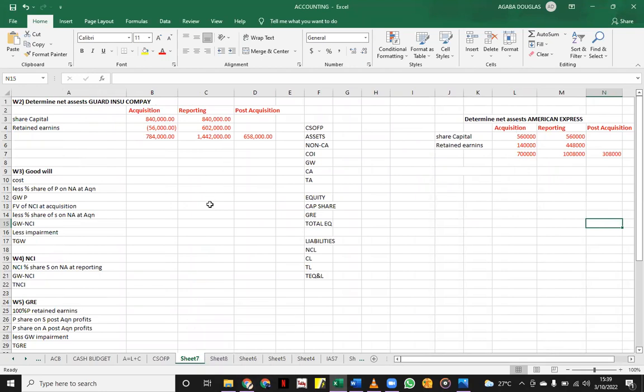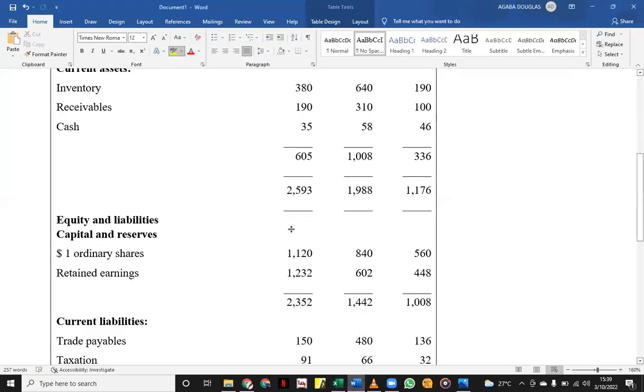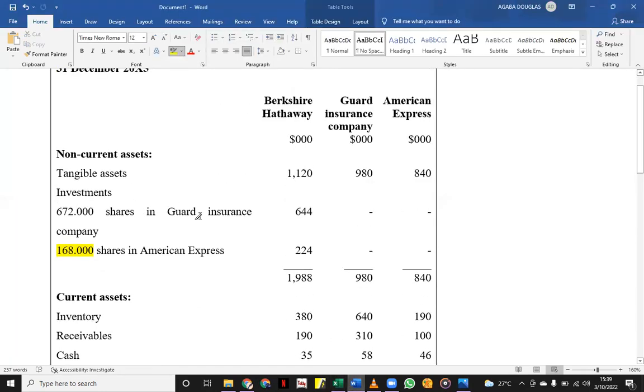But before we look at goodwill, we need to know that even for the associate that we purchased, we need to check and find out if we have goodwill for it. So we'll do our goodwill just like we did in IAS 27, and we go back to our question and get the cost that was used to purchase shares in GAD, and it was 644,000.